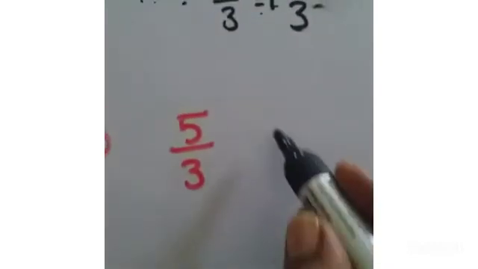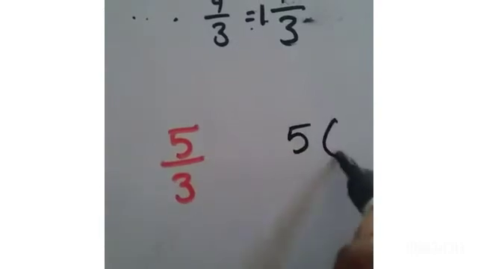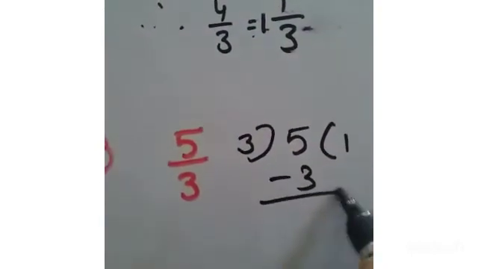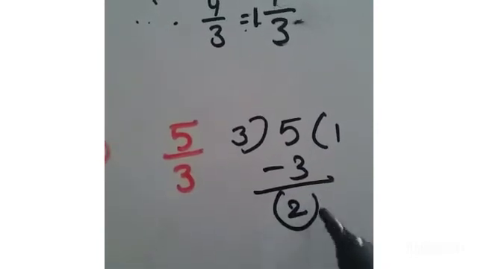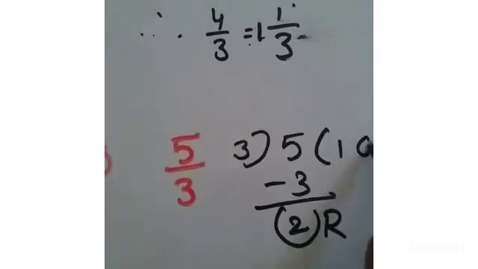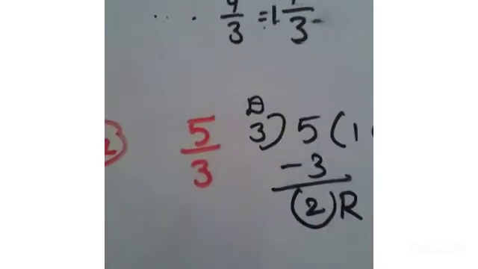Next, second one. 3 ones are 3. 5 minus 3, 2. So, remainder, quotient, divisor.